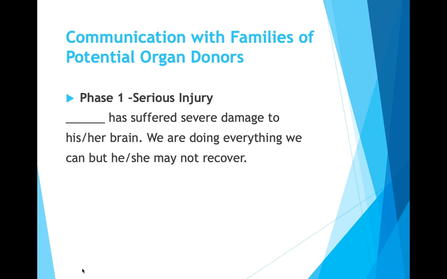Do they have any vasopressors going? The patient, without the medication that we're giving them, would not be able to have a blood pressure. What are all of the things that we are doing to help the patient? Has the patient gone for any type of surgery, any brain surgery to relieve pressure on the brain? Describe all of that to your family members in a way that they can understand it.